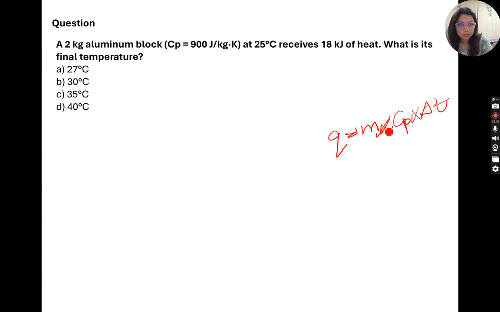This is the sign of multiplication. And we need to calculate the final temperature of this question. So yeah, I got the answer, which says it's C. Okay, then let's see.